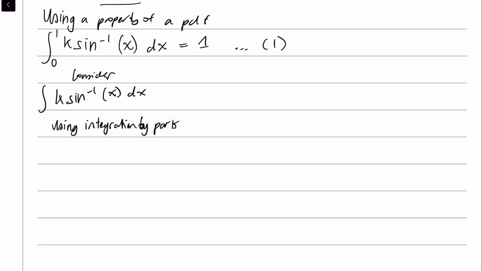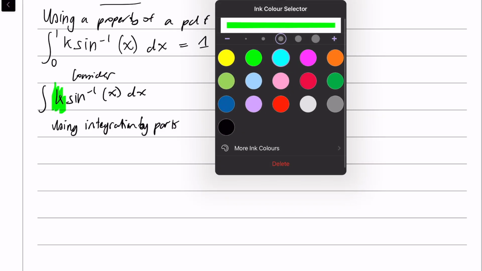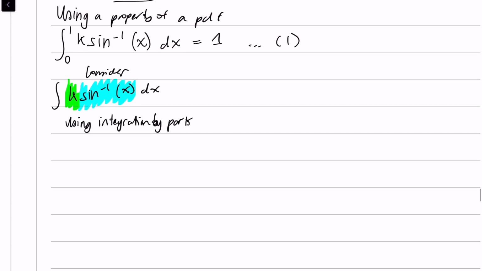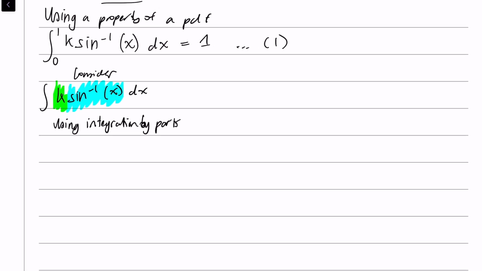And I know that because I have two distinct parts. So I have a k constant as well as a sine inverse component to it.